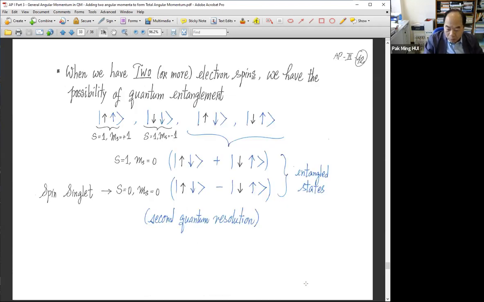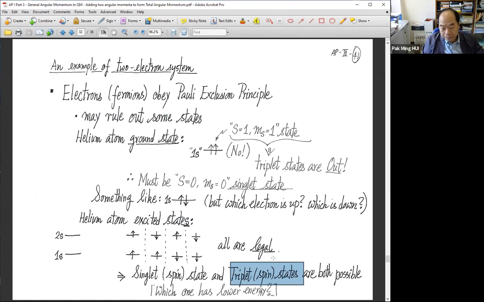Why is this so important, this problem? If we know the answer, let's say, that is true, and not let's say. In helium, excited state, it turns out this triplet state has slightly lower energy.